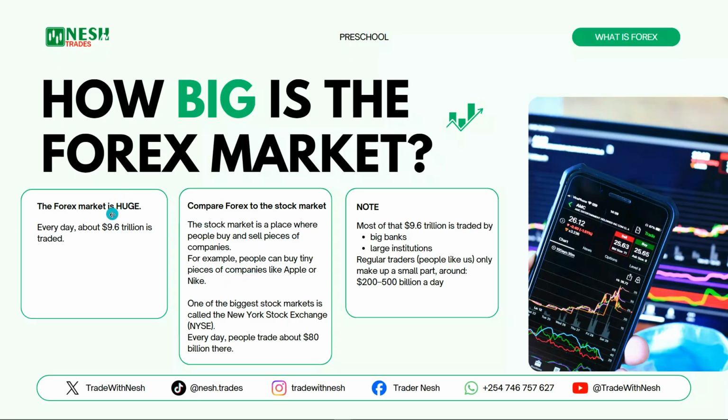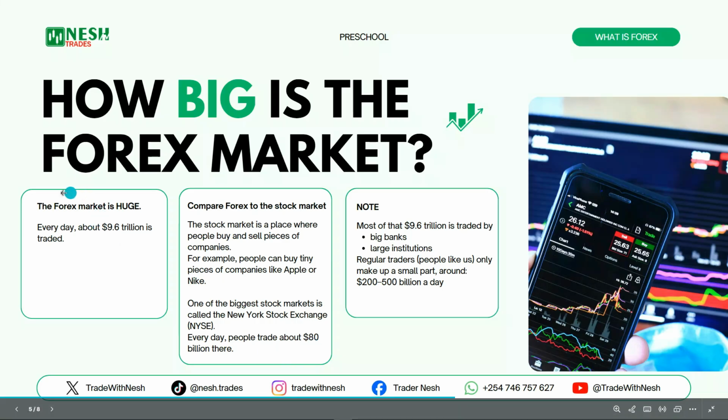So the difference between the forex market and the stock market: one of the biggest stock markets, the New York Stock Exchange, transacts around 80 billion every day. You can see that with 9.6 trillion versus 80 billion, the forex market is very huge.